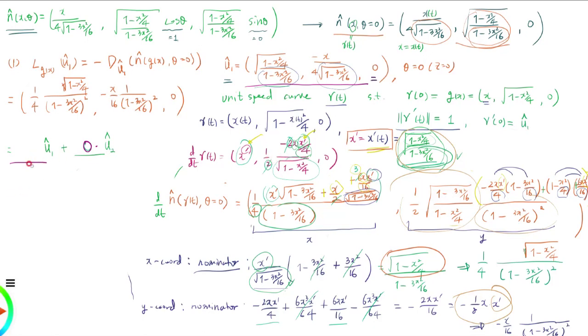So the coefficient of this u1 vector will be one quarter times 1 over 1 minus 3x squared over 16 and it's 3/2 power. Okay, so this is our first result.